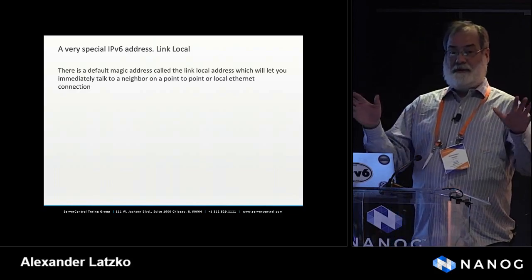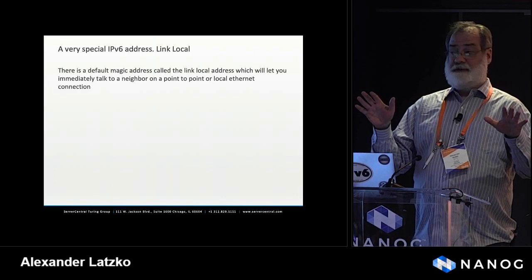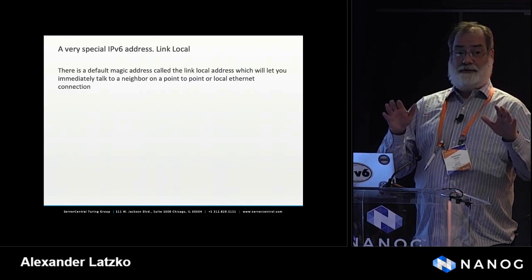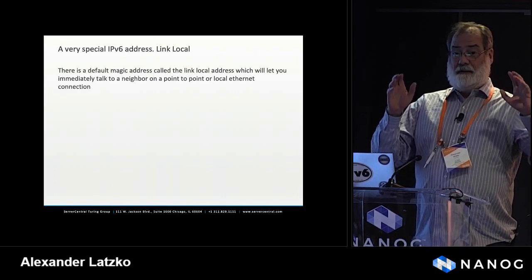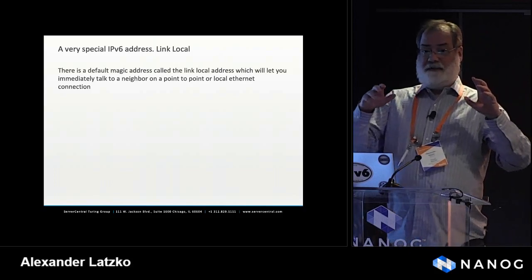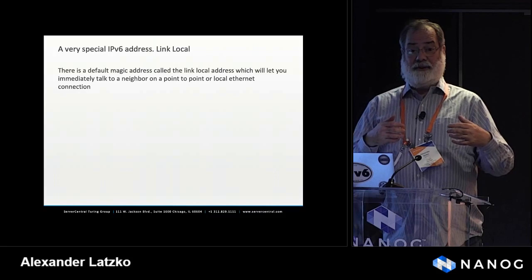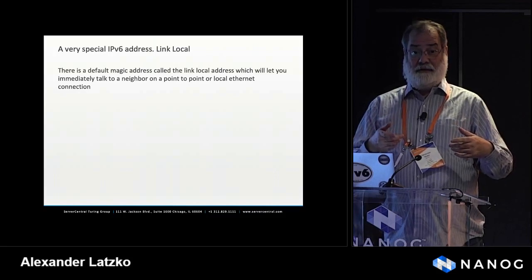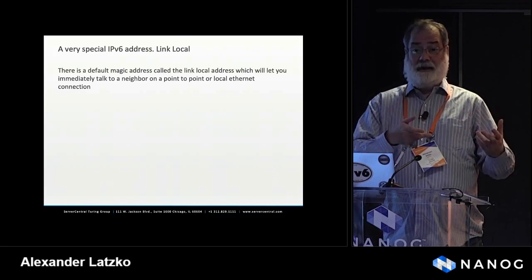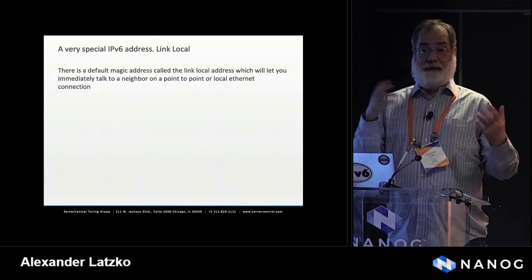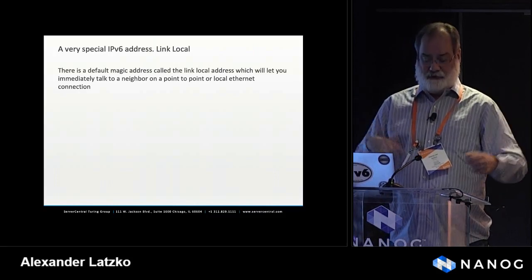You can talk directly to your Ethernet neighbors using a link local address. Without any resolution, you can just say, I want to talk to link local FE, and you'll be able to get to it. Really cool for things like local printers, connecting to any local device. It just advertises its MAC address, and magically you're there if you happen to know what it is.